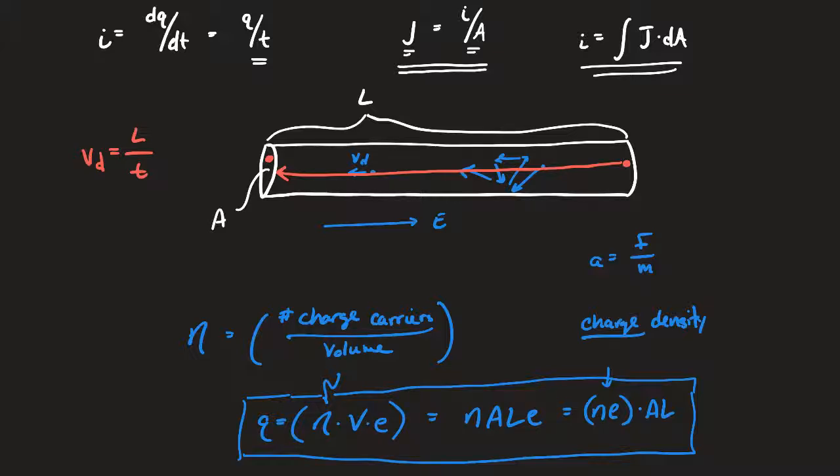Also, we already have a definition for current based on how long it would take all of that charge to pass one point in the wire.